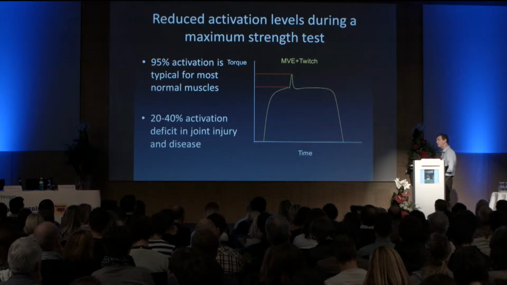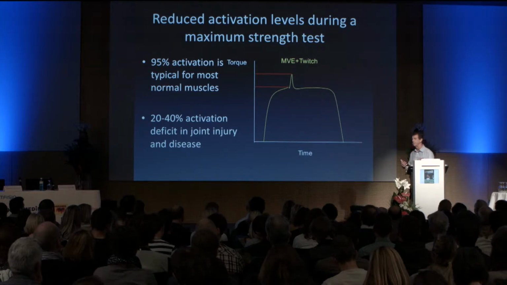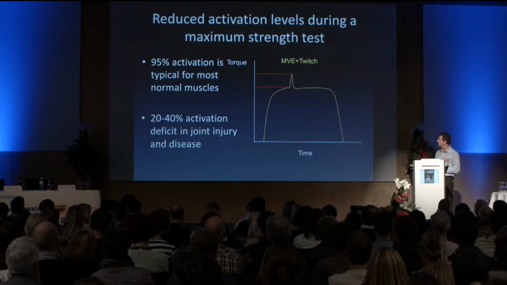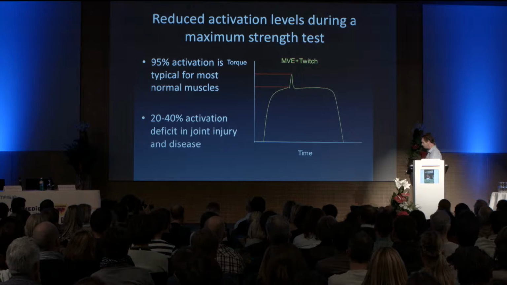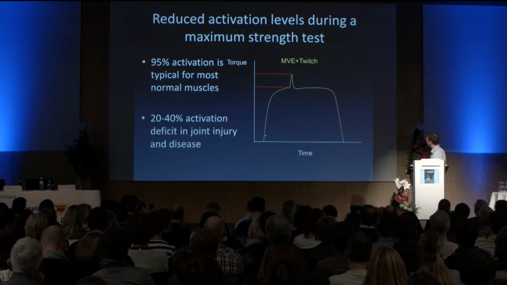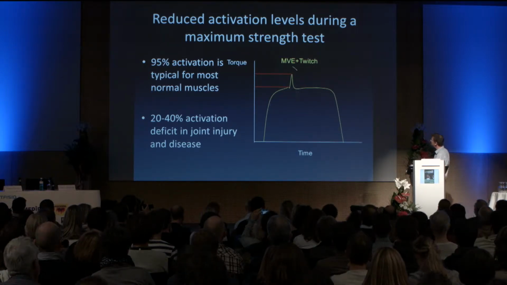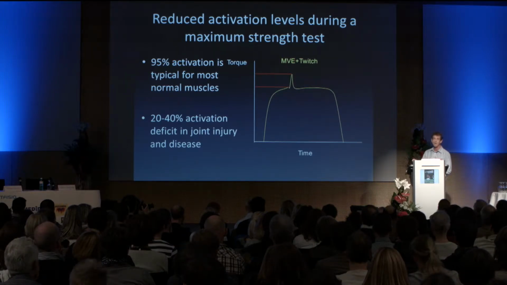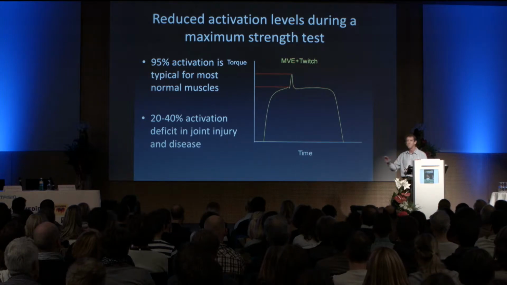Now, we can appreciate this in the lab very easily by putting electrodes on a muscle of interest, for instance, the quadriceps, and also stimulating those electrodes. And you might ask an individual to do a maximal contraction, and here you see an example of one. And when that contraction is in its plateau phase there, you might turn that stimulator on. Now, if there was no blip at all, that person would be activating all those muscle fibers quite normally.